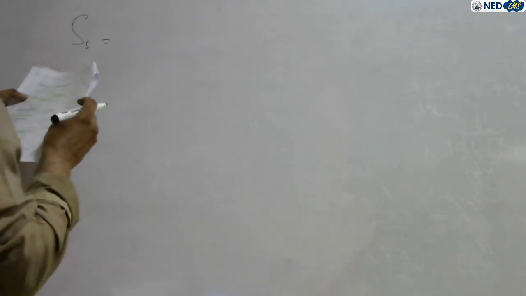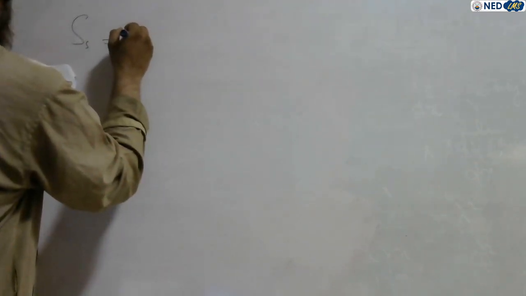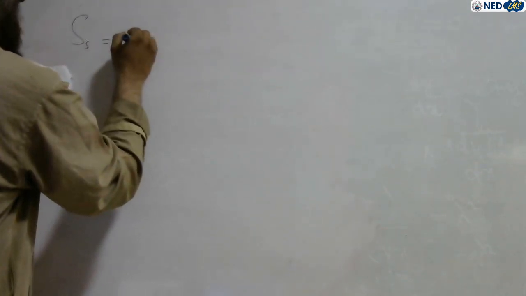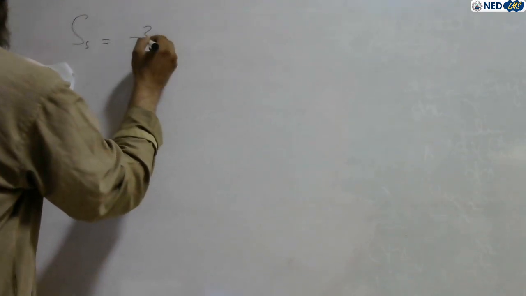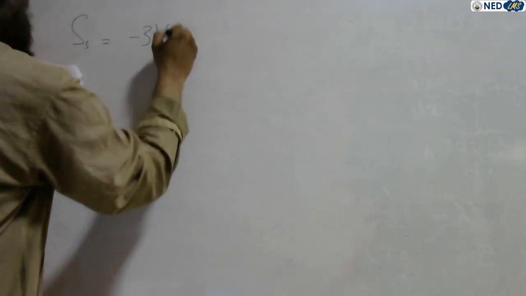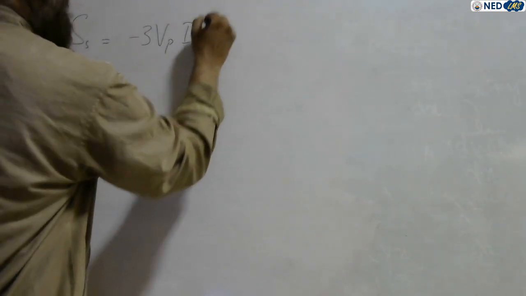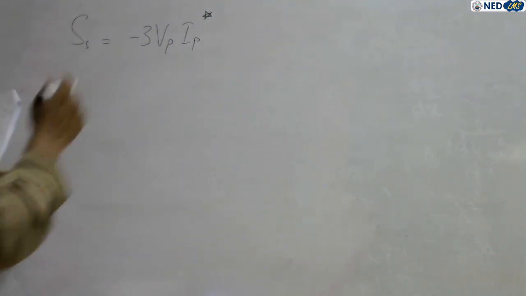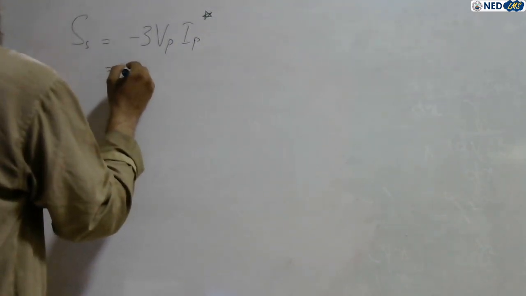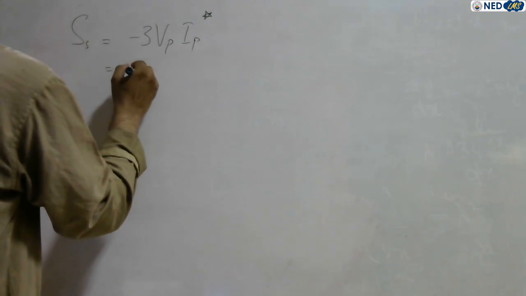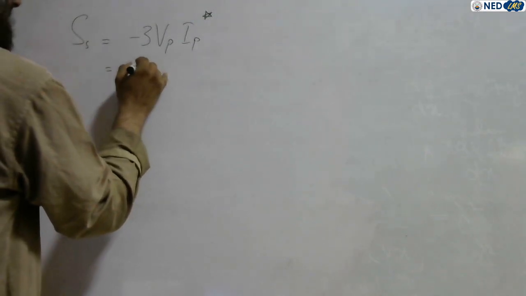Complex power of the source equals, because it is three phase, minus 3, because it is generated by the source, times phase voltage times phase current conjugate, right? So just put the values and you will get it.